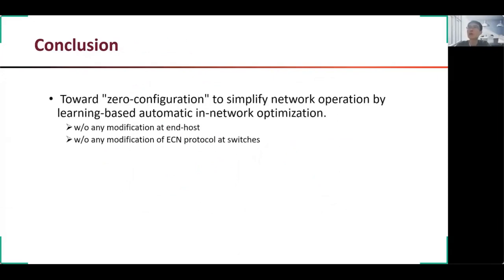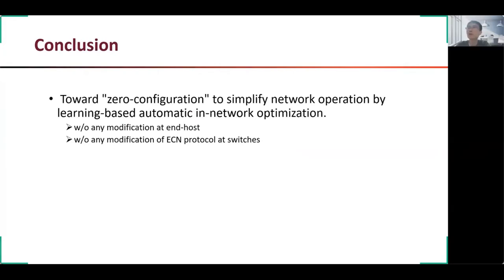Okay, we have introduced our operational experience for automatic in-network optimization. ECN is the key to achieving low latency, high throughput communications with state-of-the-art congestion control schemes. We propose ACC, a learning-based approach, which allows automatic ECN parameter tuning at each switch without any modification at hosts and ECN protocols and switches.